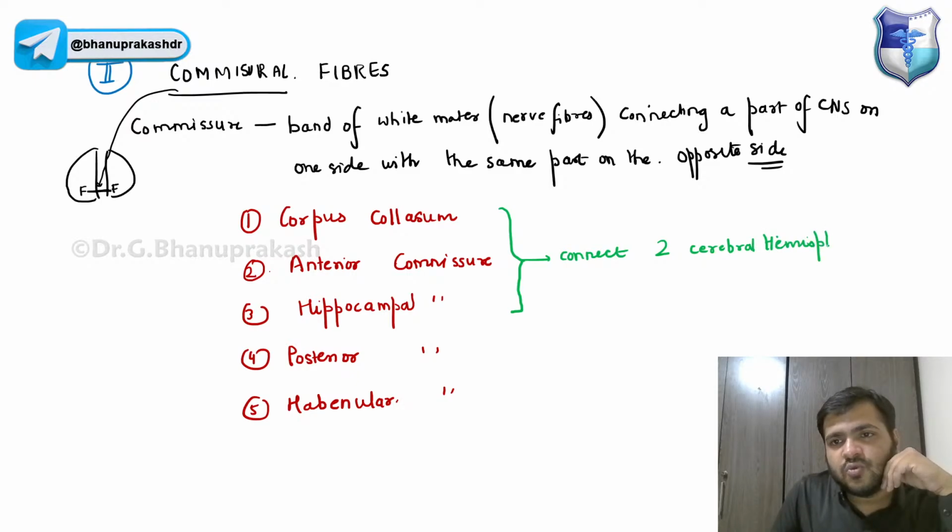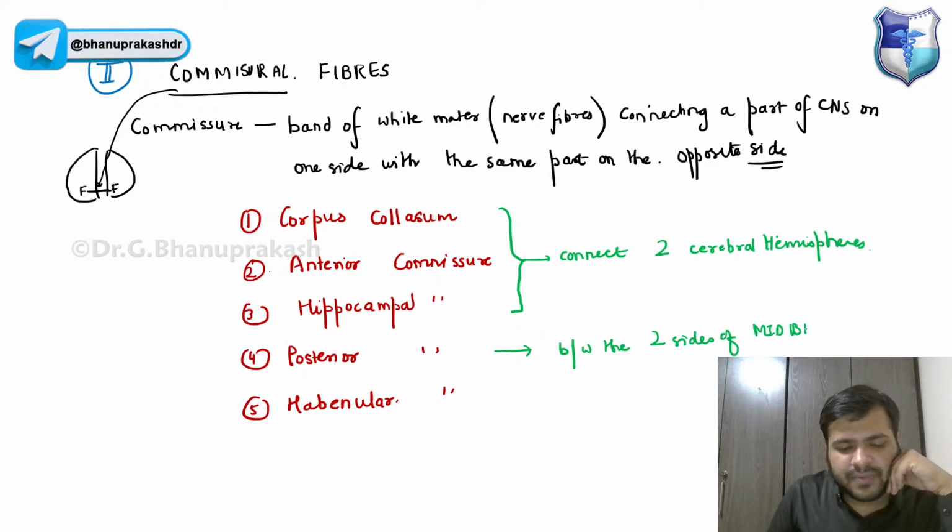They connect the two cerebral hemispheres. The posterior commissure is between the two sides of the midbrain. And habenular, I will be discussing it, guys. No need to remember, just remember it is between the right and left.